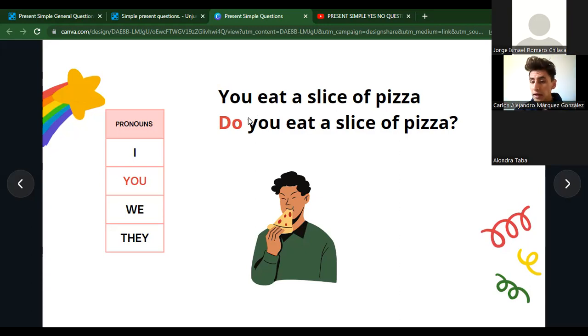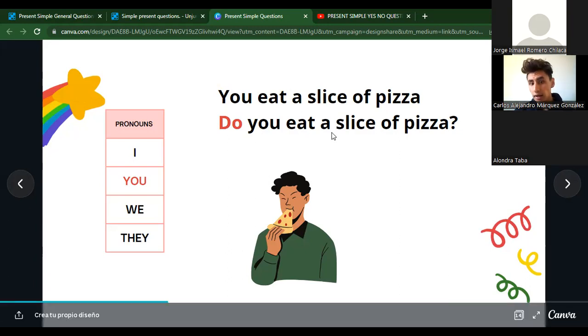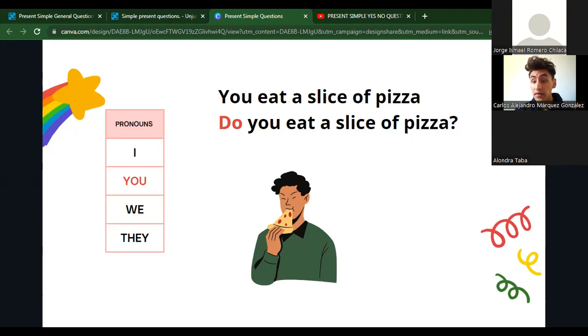The only thing that we are doing is adding the auxiliary, which is do. Do you eat a slice of pizza? It's a question, okay? So it's super easy.